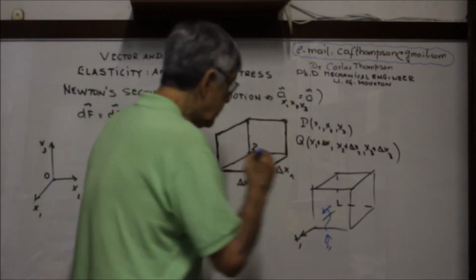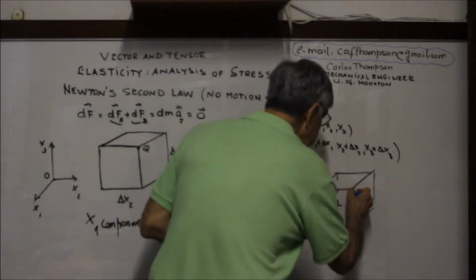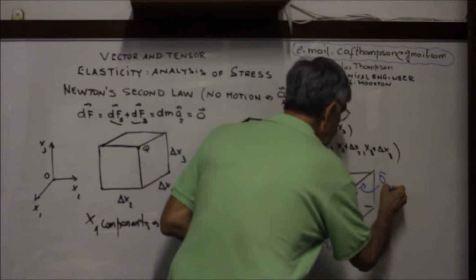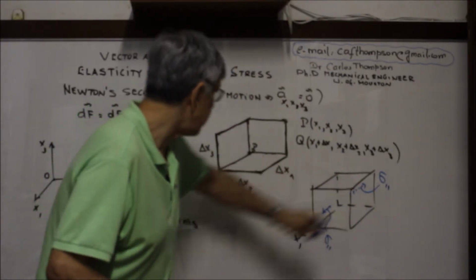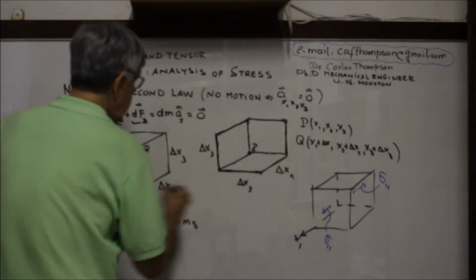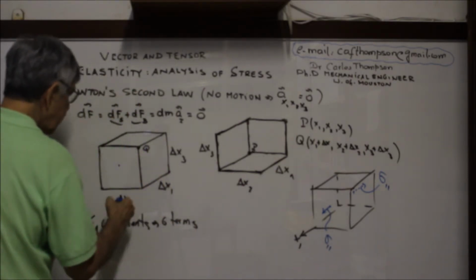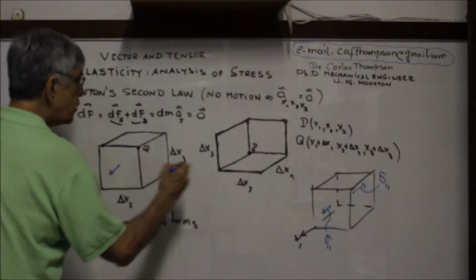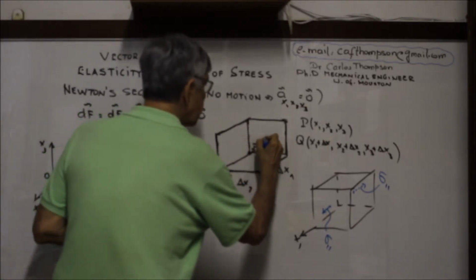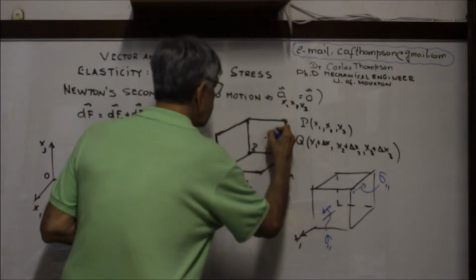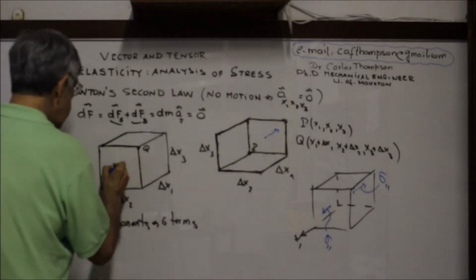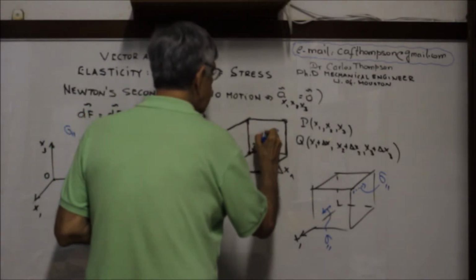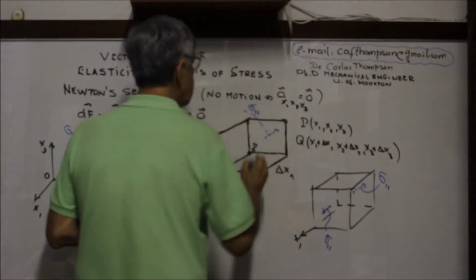There is one on the back surface too, sigma 1,1, in the opposite direction, in the x1 direction. Let's write here sigma 1,1, and right here sigma 1,1.